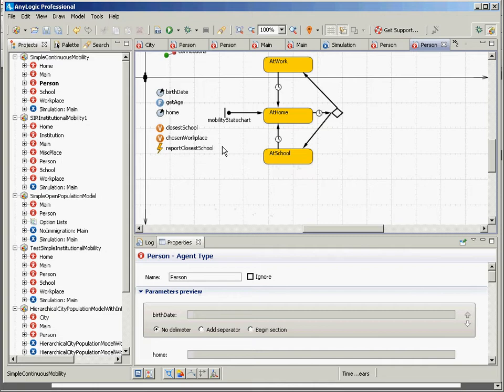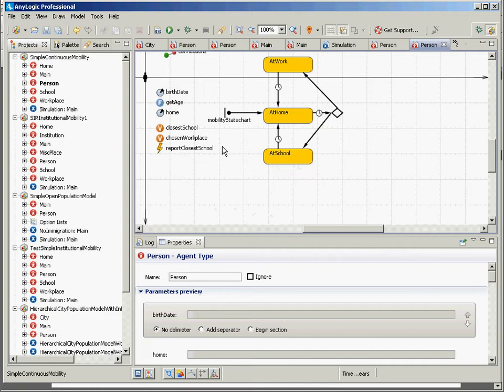For example, their school is chosen, or their workplace is chosen. The subtlety has to do with the ordering here. In other words, are these parameters determined by the time this variable is determined? So we were picking the closest school when they came into being.